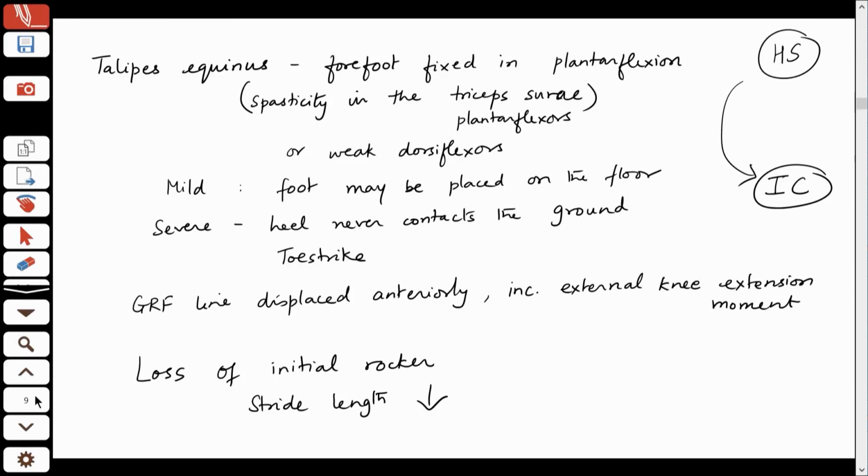But yes, it is very likely that because you will not be able to clear the foot cleanly, you will contact earlier than you normally would. So yes, overall it will affect the stride length. Both step lengths may be affected, and therefore the stride length would also be reduced. So in this case, both the step lengths would probably be shorter than normal.